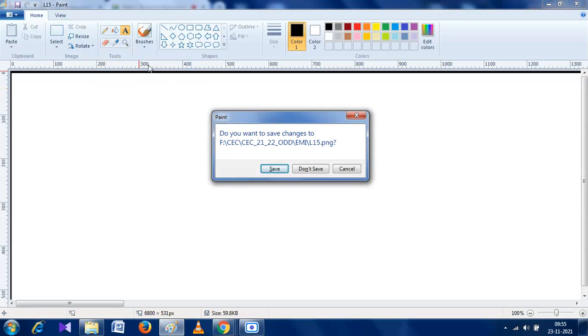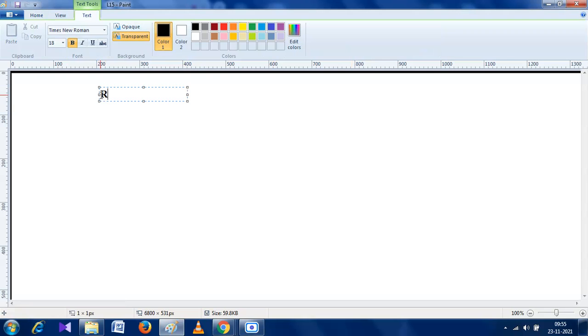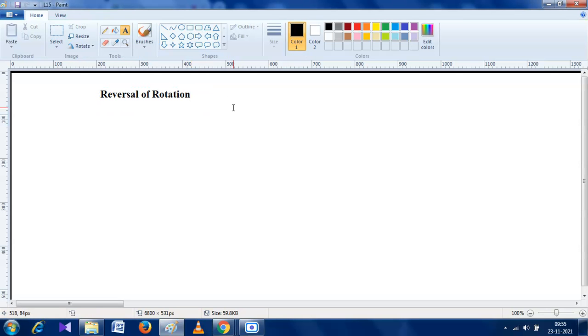Today's topic is reversal of rotation. Suppose a motor is rotating in clockwise direction, but we have to rotate it in anti-clockwise direction.